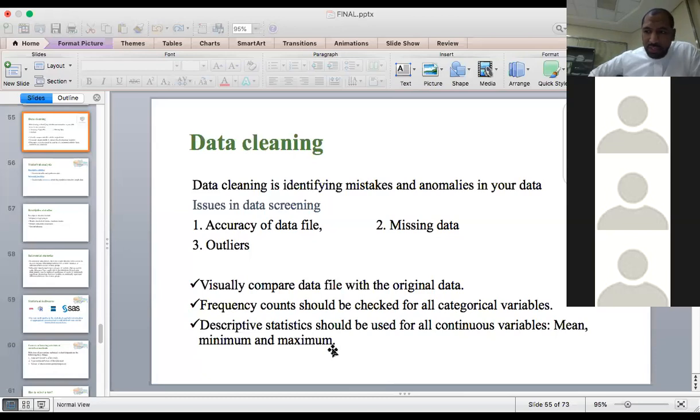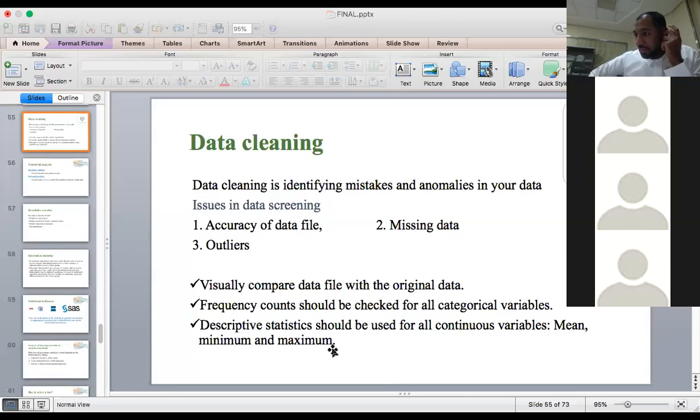We may do cross tabs, we may do figures in order to identify the frequency and percentage, in order to identify the outliers or the inaccurately or wrongly entered data.